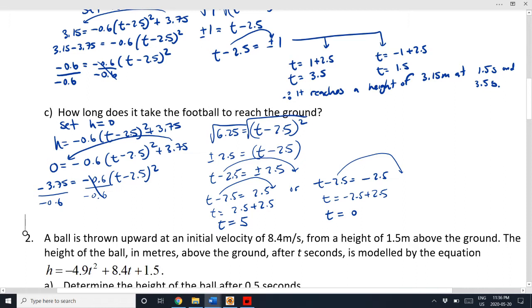So this tells us that at time 0, the height of the ball will be 0, so it's on the ground. And at the time of 5 seconds, it's also on the ground. And we're only interested in how long it takes for it to hit the ground once it's kicked. So the time that we're really looking for is after 5 seconds. So we can conclude the ball reaches the ground after 5 seconds.